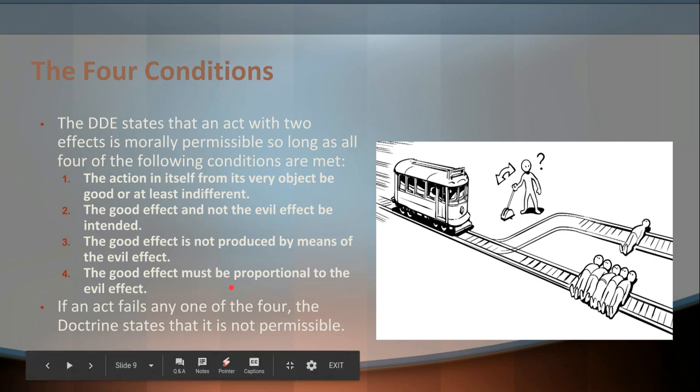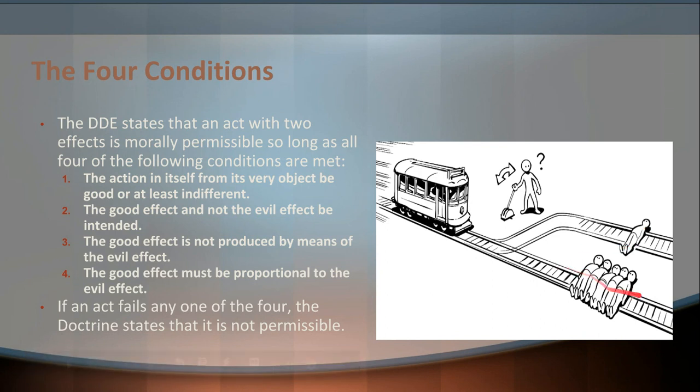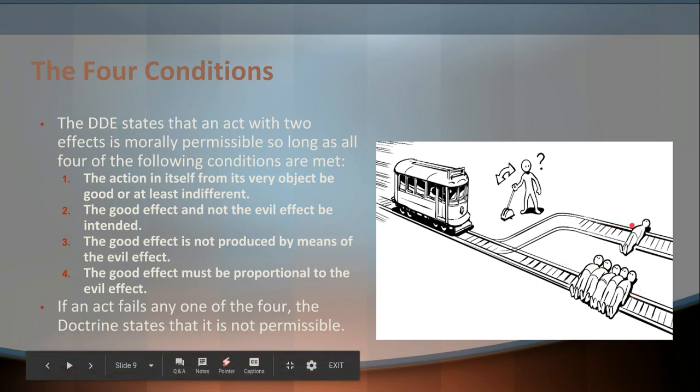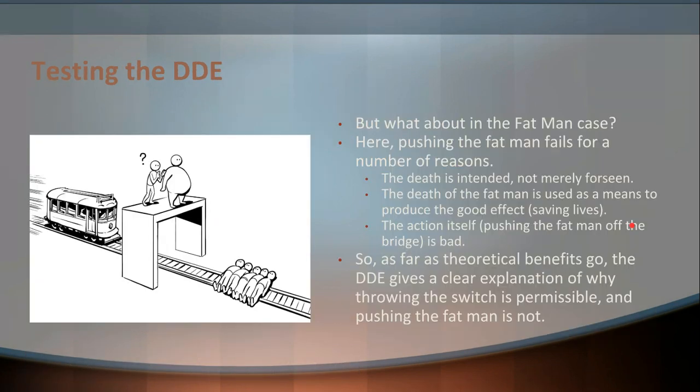And lastly, the good effect must be proportional to the bad effect. We're saving 5 lives, which is worth the loss of one, or at least most of us would say. But in the Fat Man scenario, things play out a little bit differently. For one, the Fat Man scenario fails a number of different conditions.